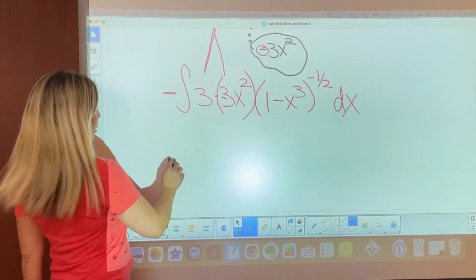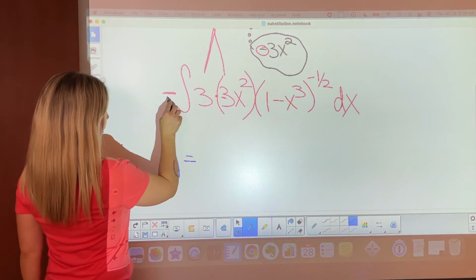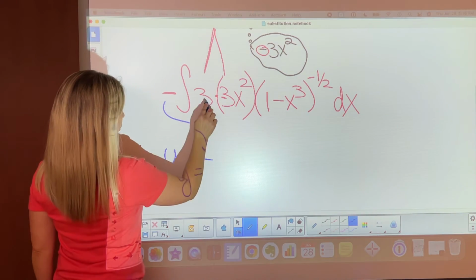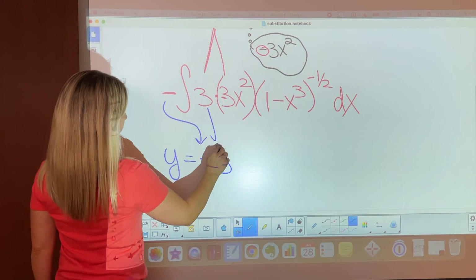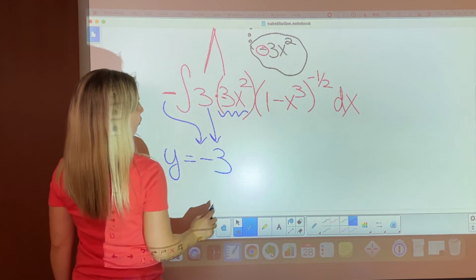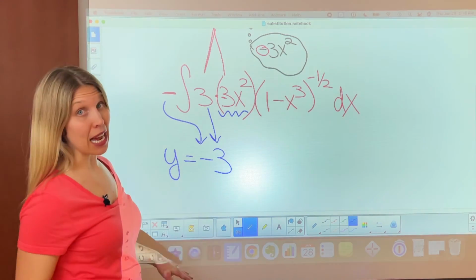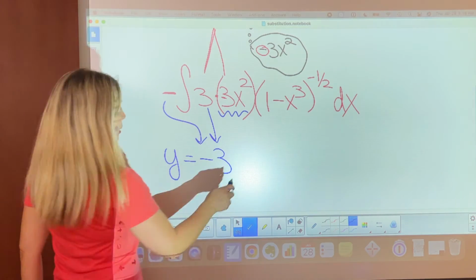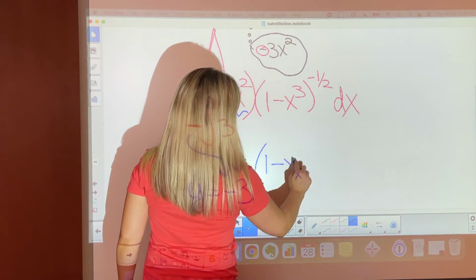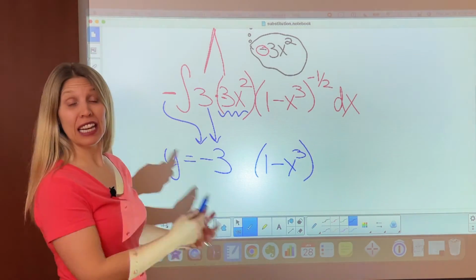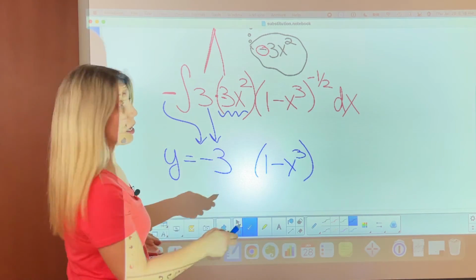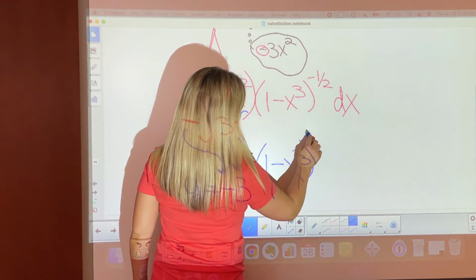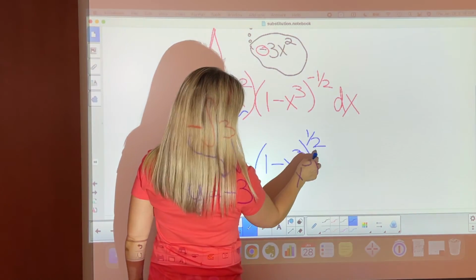And now when I integrate, this negative comes down, so does this 3. This is the derivative of my inside piece, so he does not show up in my answer. I leave my inside piece, and then I have to integrate my outside piece, which means I have to add an exponent. So adding 1 to negative 1/2 gives me positive 1/2.